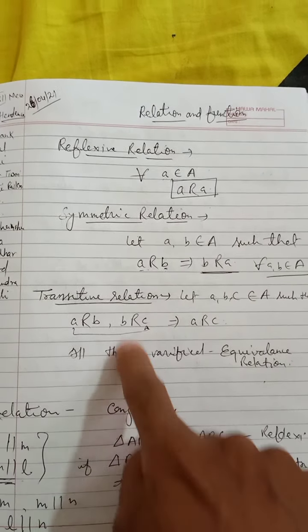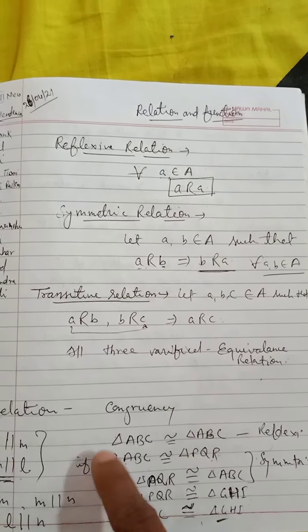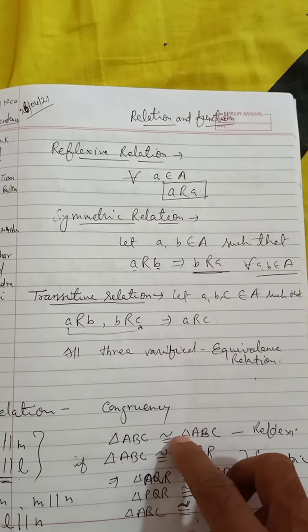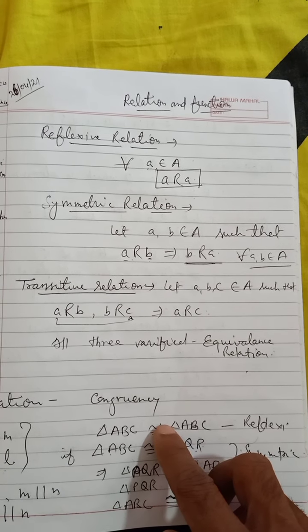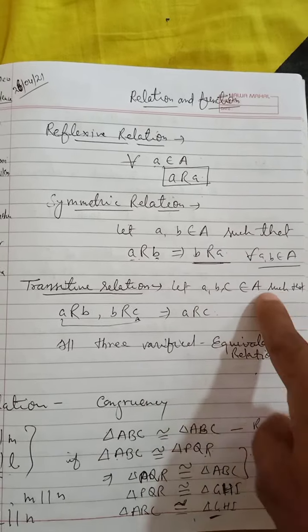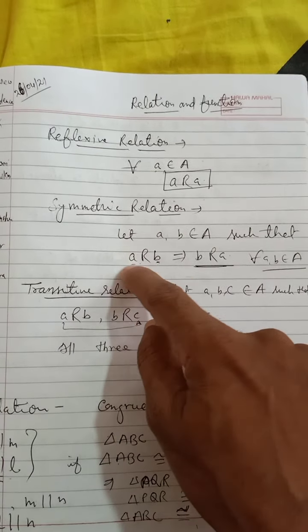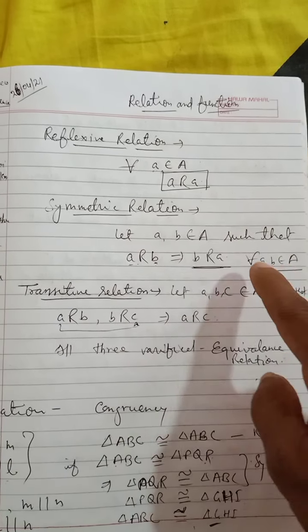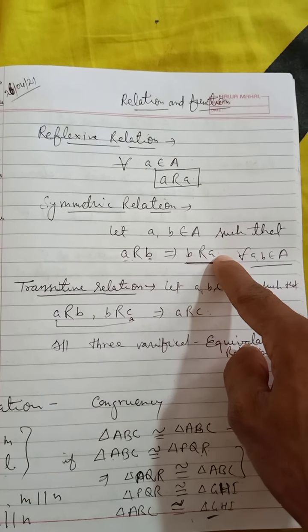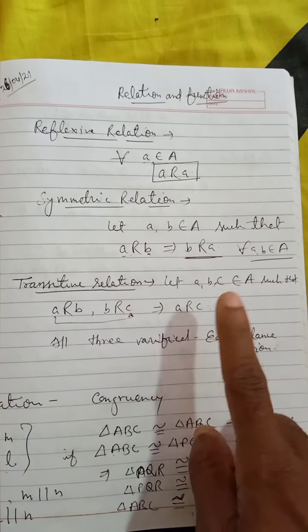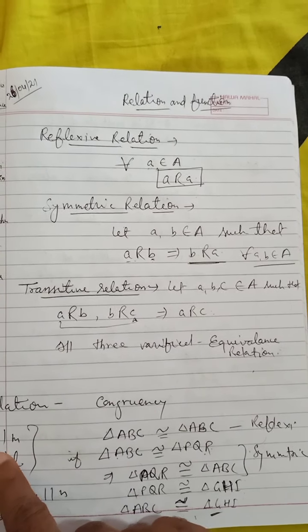That means congruence is also a symmetric relation. Remember the condition: if a is related to b is given, then we have to check b related to a.